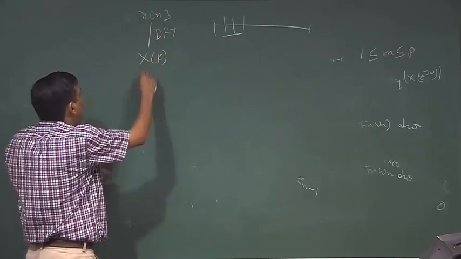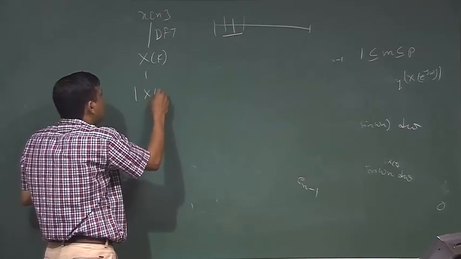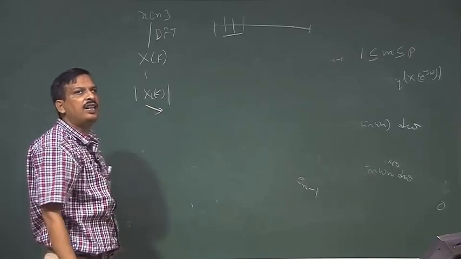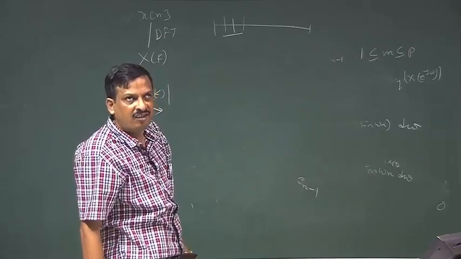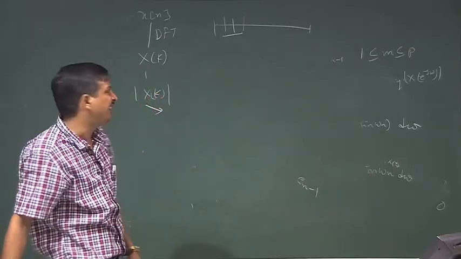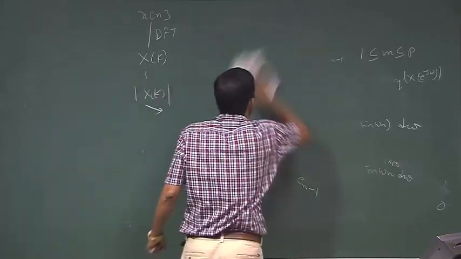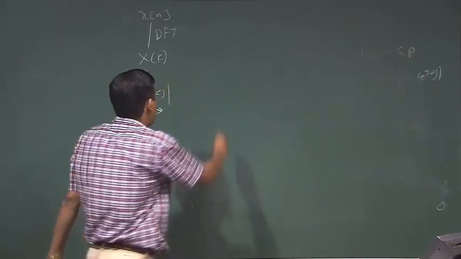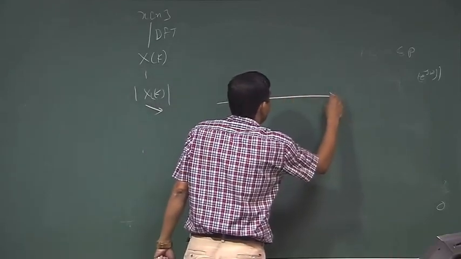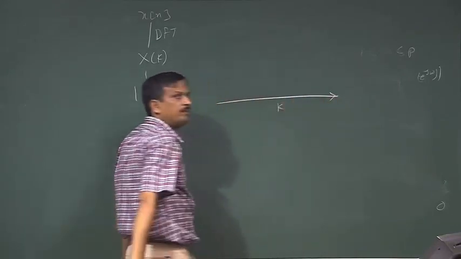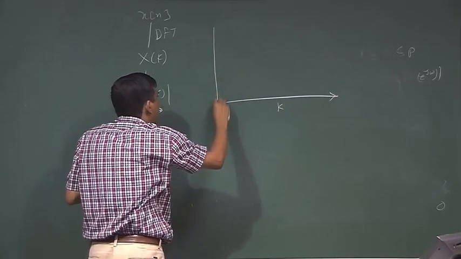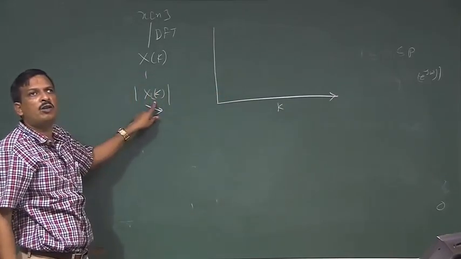Now, if I calculate the mod of Xk and plot it with the frequency, then I get the spectrum of signal xn. What is that? So, what is the spectrum? This axis is the k axis, discrete frequency k, and this axis is the amplitude, the mod of Xk.